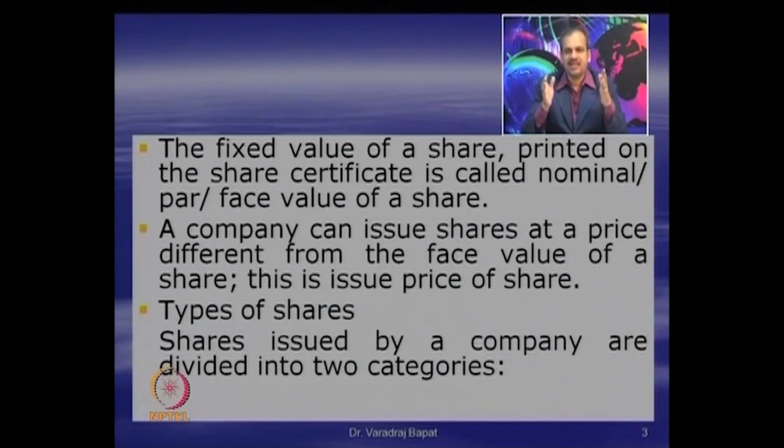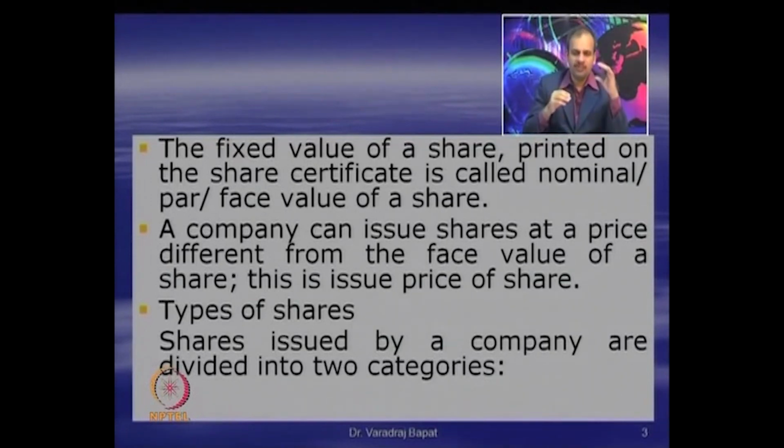So shares are in the electronic form. In those cases also there is some value which is known as face value of the share. Now when a company gives the shares to the people, it is known as the process of issue of shares. So sale of share from the company to the people is known as issue.